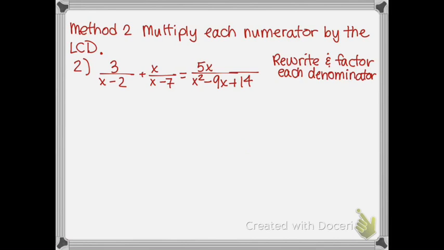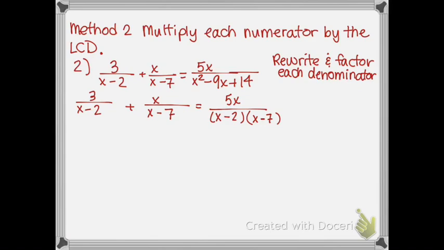So rewriting, the only denominator we need to factor is the one on the right. Leave some room while you're writing this step because next we have a lot of writing to squeeze into this equation. So I'm factoring this denominator as x minus 2, x minus 7.